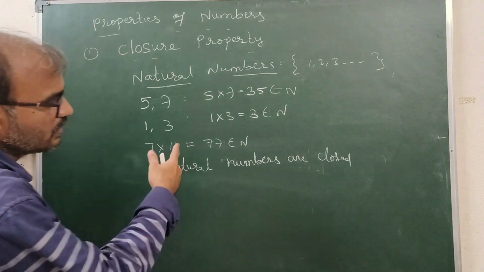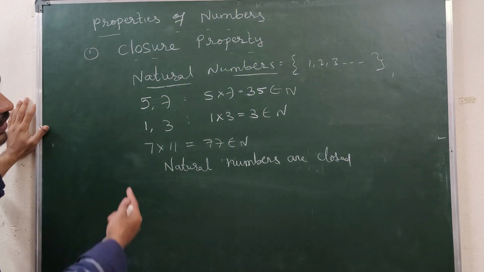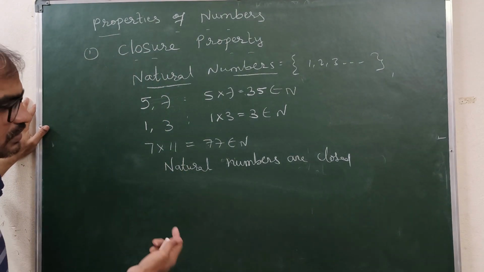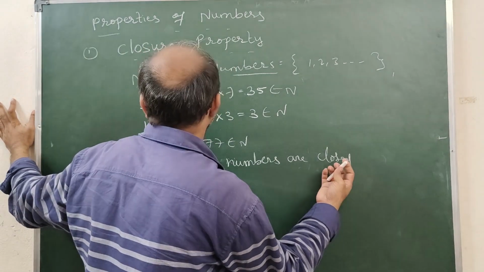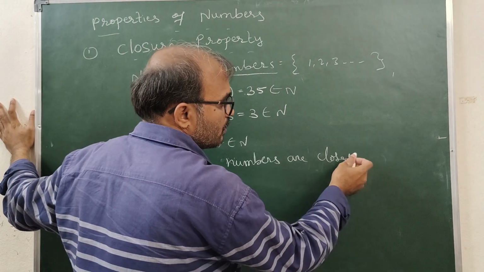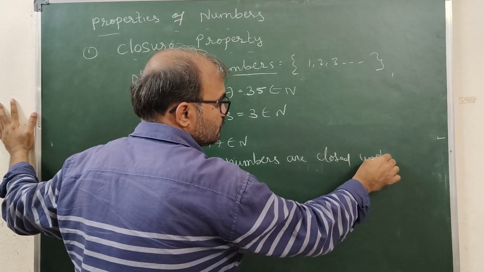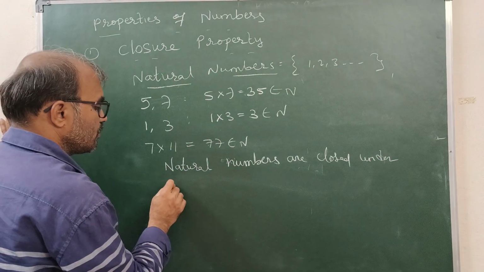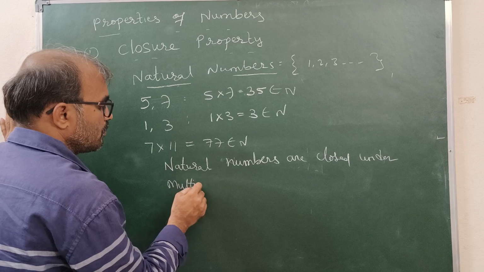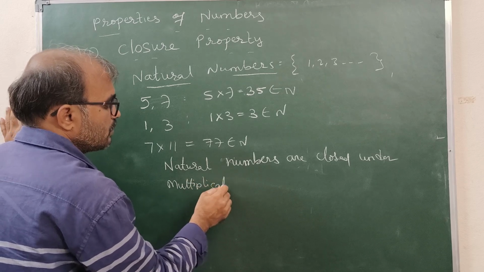Can you give at least one example to say that the product of any two numbers is not a natural number? We can't. That is why natural numbers are closed under multiplication.